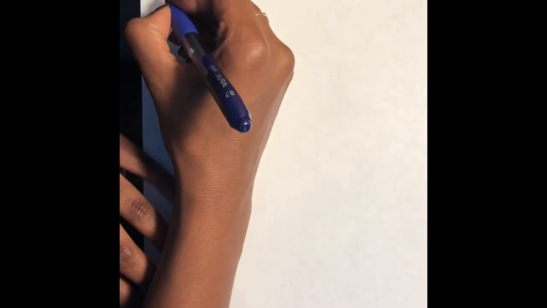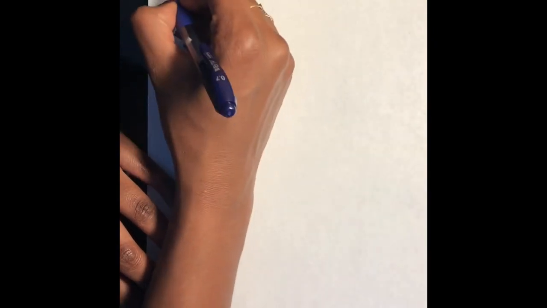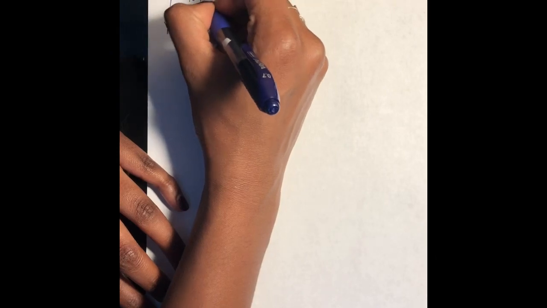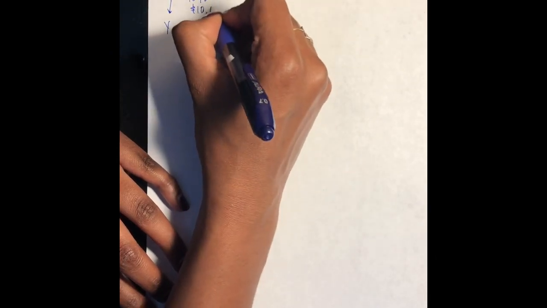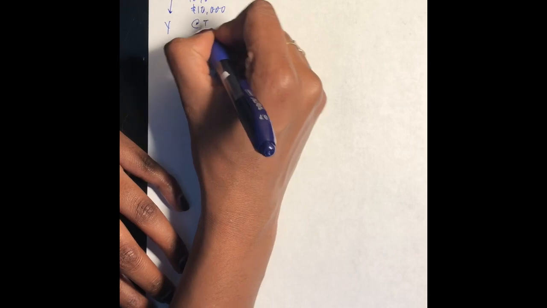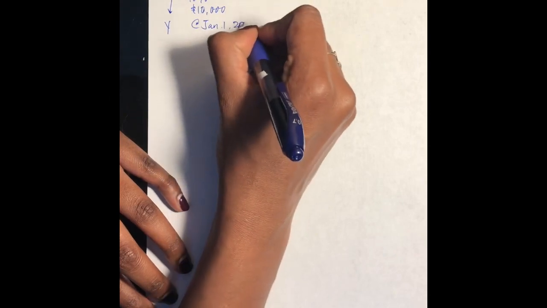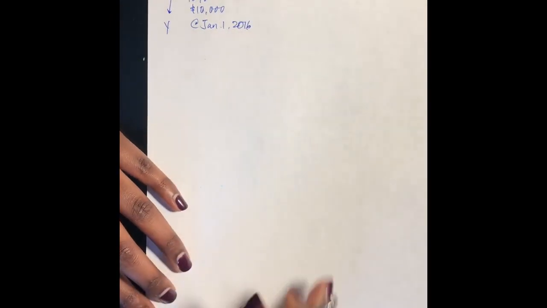So our example 3. We have this company X that acquires company Y, and they acquire 10% of it for $10,000 at January 1st, 2016. Now the problem tells you afterwards at December 31st, they give you all this information. Y has income of so-and-so, dividends of so-and-so, and then it has a fair value of so-and-so. Then it talks about March 31st, 2017.